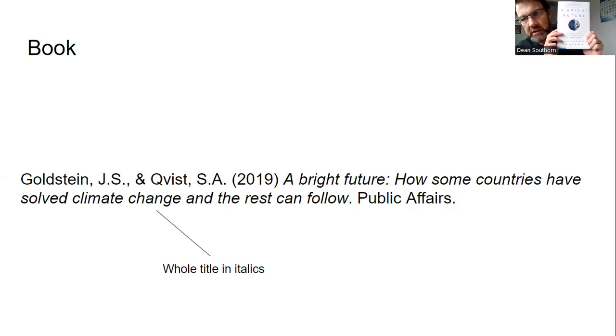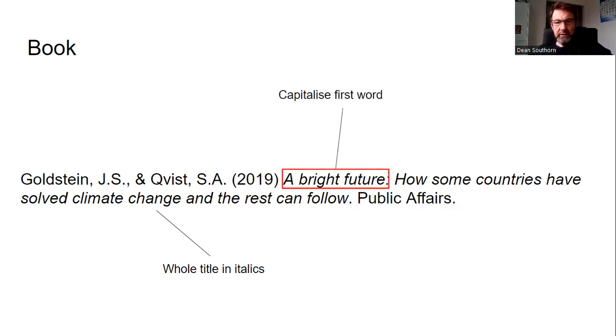So often there are subtitles on books, and you can see here the main title is A Bright Future, and then a colon, and then the subtitle comes after the colon. There's no colon on the cover of the book. This is APA formatting, so that's what you need to do. So capital letters are important.